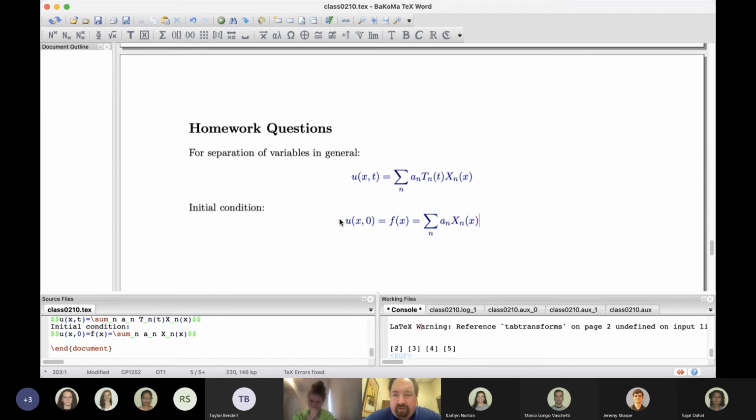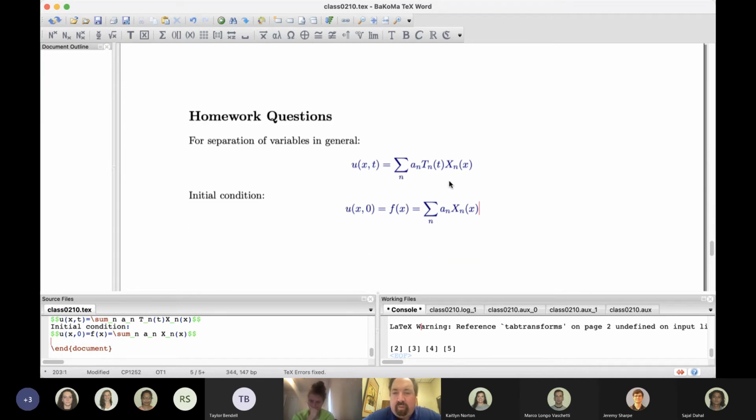The thing is, what X_n of x is depends on the particular problem. Like what's the domain? What are the boundary conditions? You know, sines or cosines.